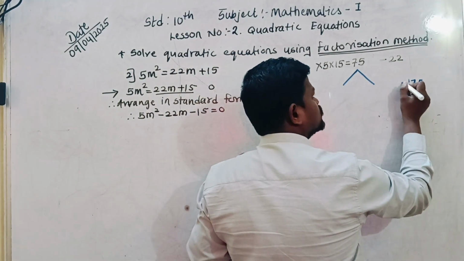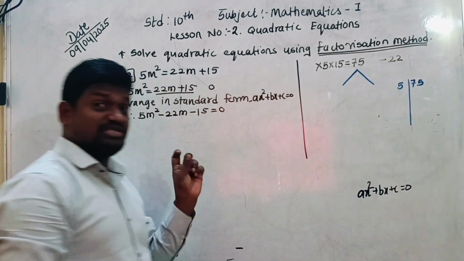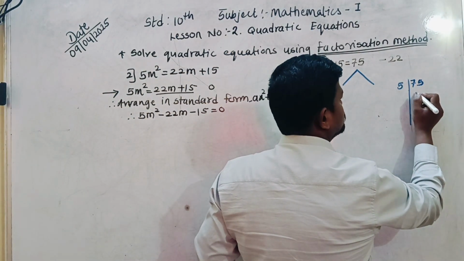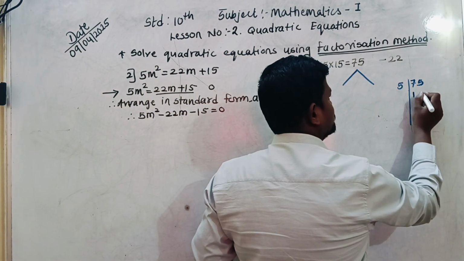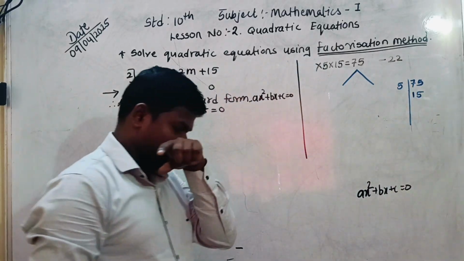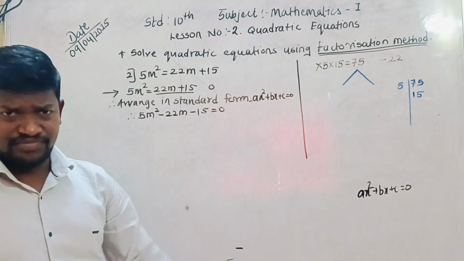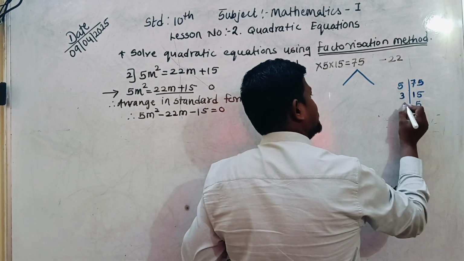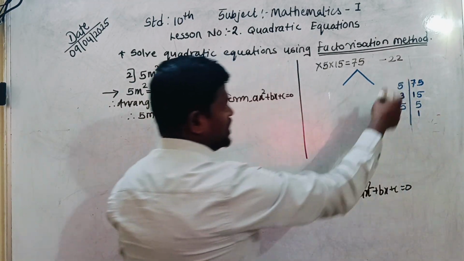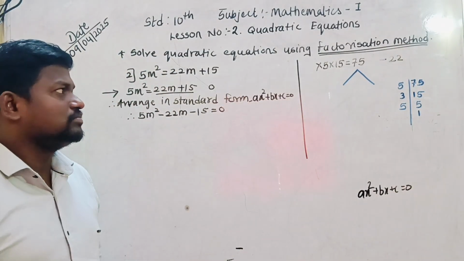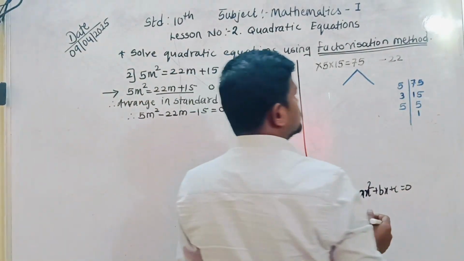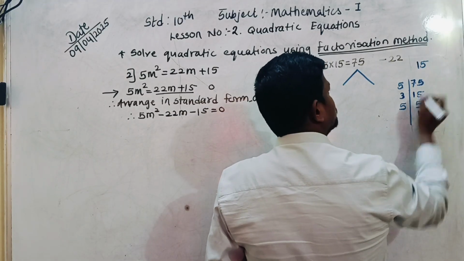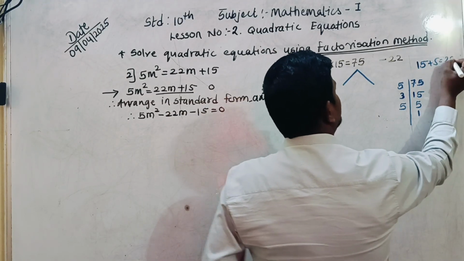See, 5 is here, so some number must be divisible by 5. So 5 15s are 75. 3 5s are 15 and 5 1s are 5. So we have these factors. See, 5 3s are 15 plus 5 we get 20.